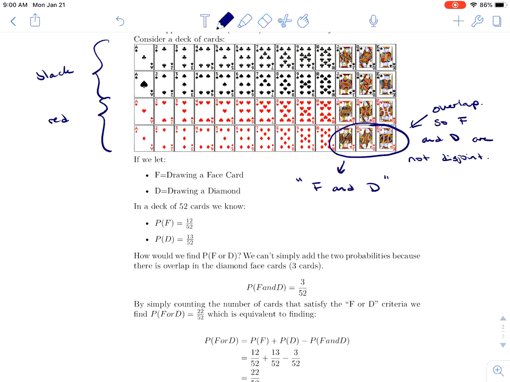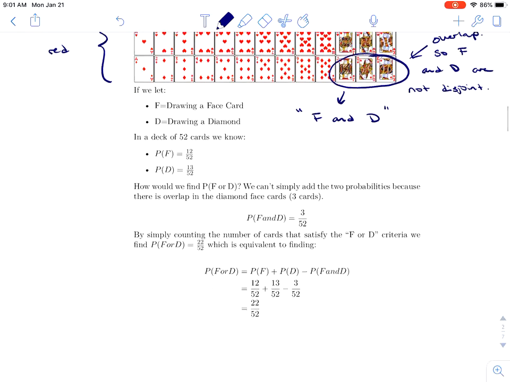We can find the probability of that. There's 3 that are in the F and D category. And so the probability of F and D is 3/52.